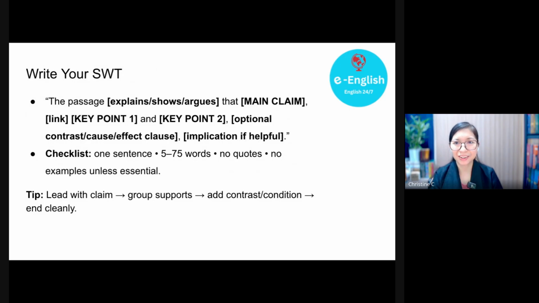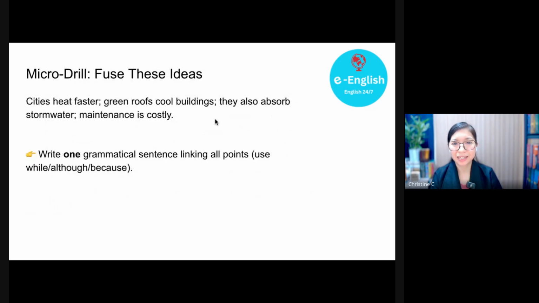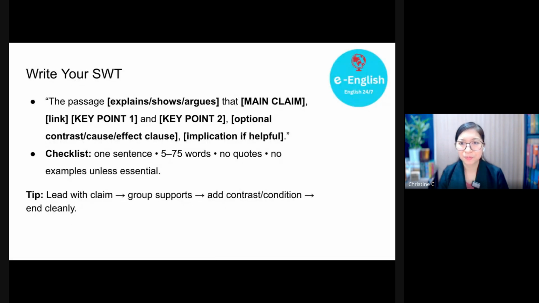Cities heat faster, green roofs cool buildings, they absorb stormwater, maintenance is costly. It's very similar. Okay, so we can say that the main claim is that green roofs can make cities more climate resilient.